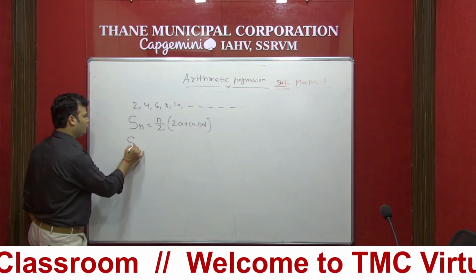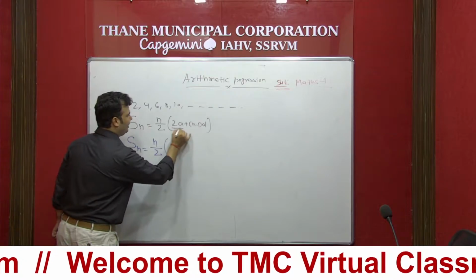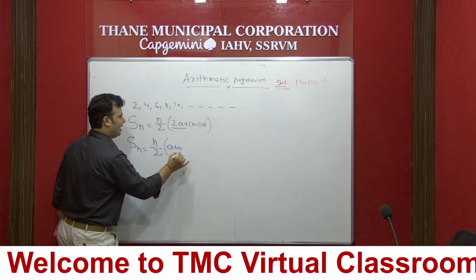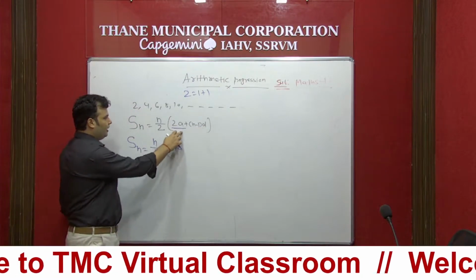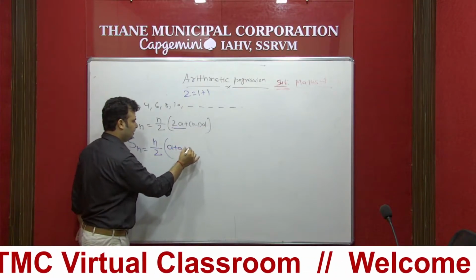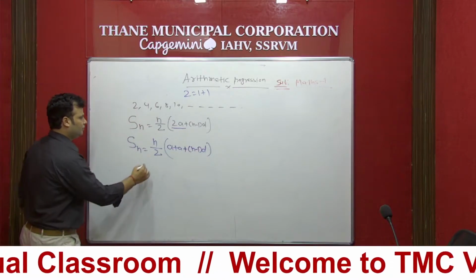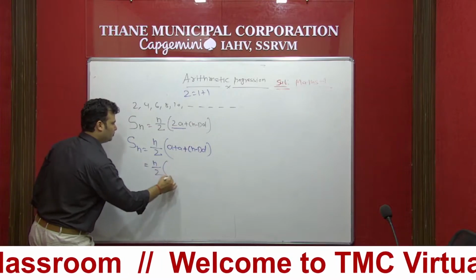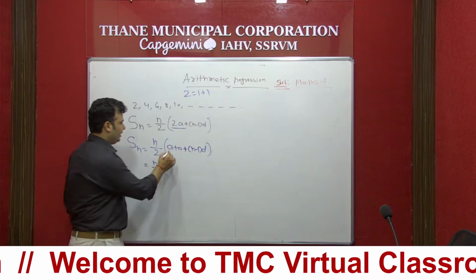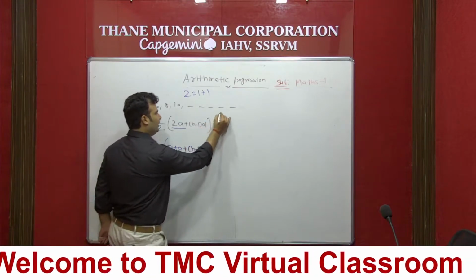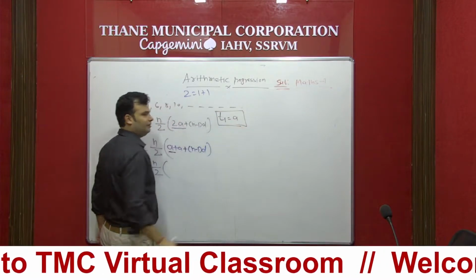Again, the second formula for Sn equal to n upon 2. We can write 2a in this way: a plus a, like you can write 2 as 1 plus 1. Similarly, 2a is a plus a, plus (n minus 1)d. In the last class also we discussed that in the first lecture, A is the first term only. So in place of A we can write T1, because the first term is A only.